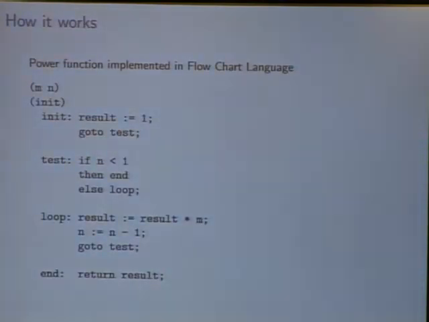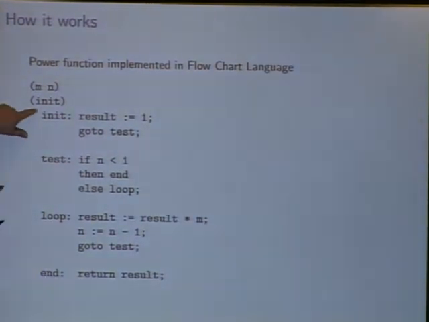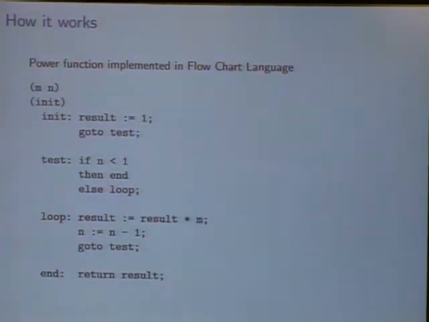That's how it works. This is the power function implemented in a toy, but Turing-complete flowchart language. These are the arguments, its entry point, and labels with blocks of code. It's easy to understand what the program does.